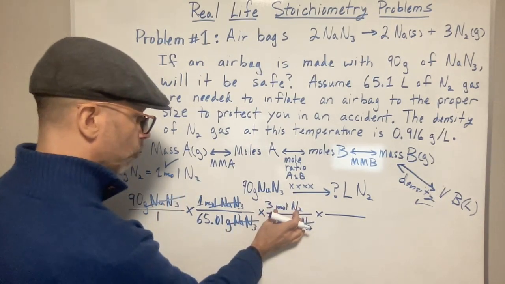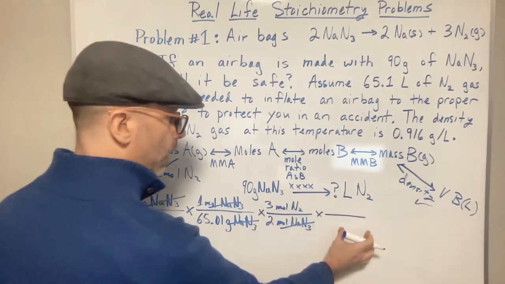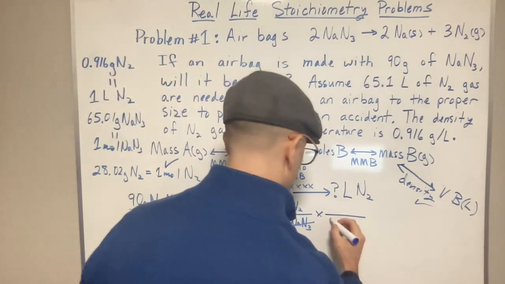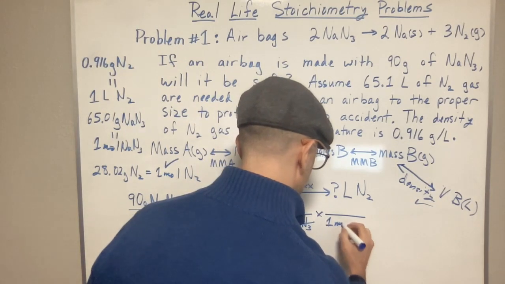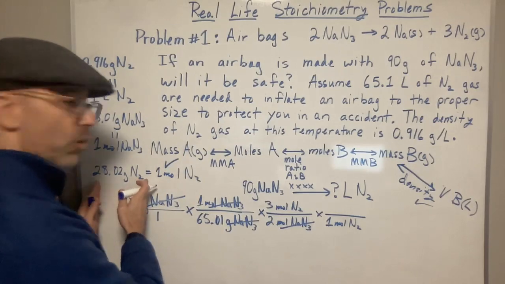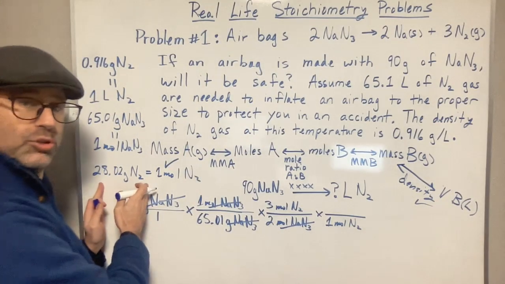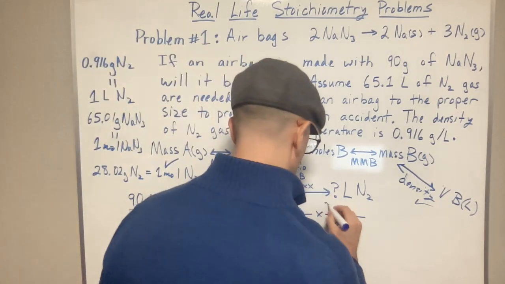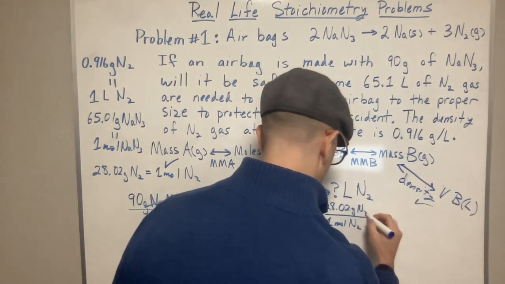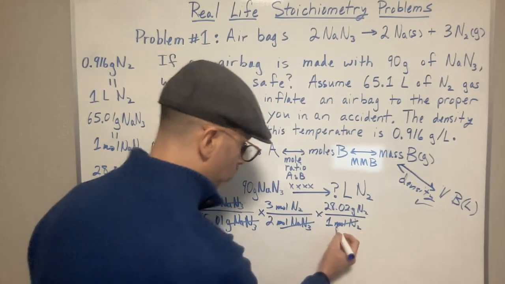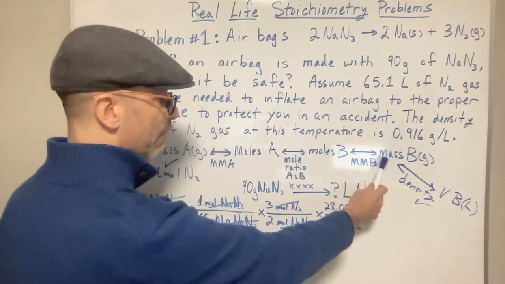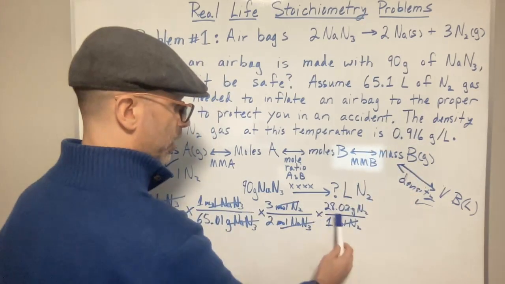So I have moles of N2 on top here, so I want moles of N2 on the bottom. So 1 mole of N2 goes here, and 28.02 grams of N2 is on top. Moles of N2 cancel out. And now I have mass of N2, which is B.